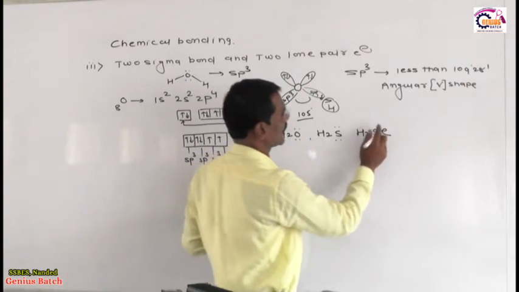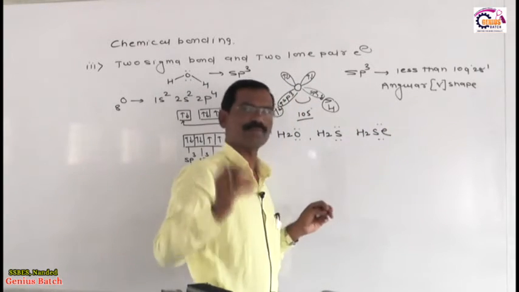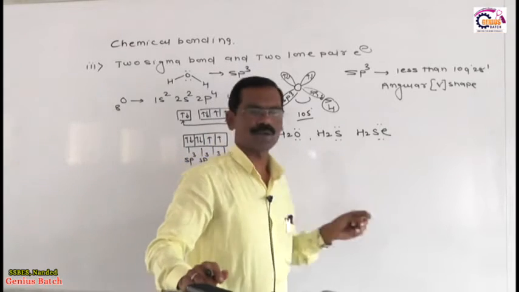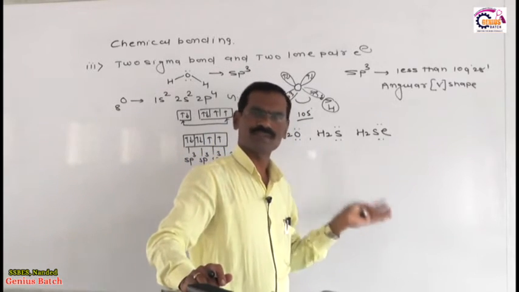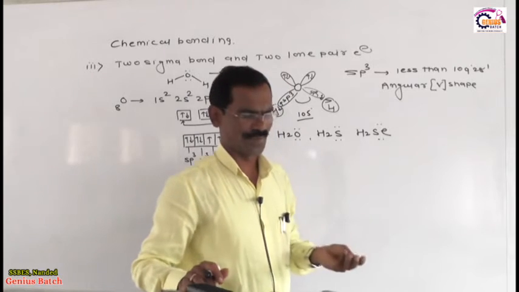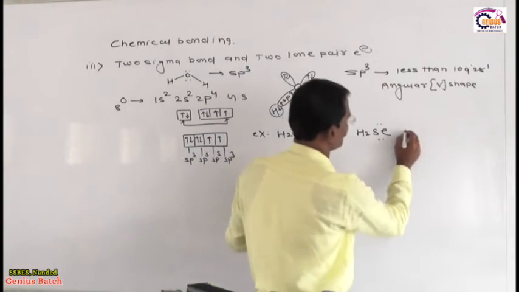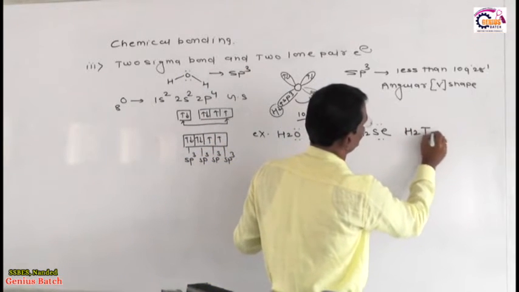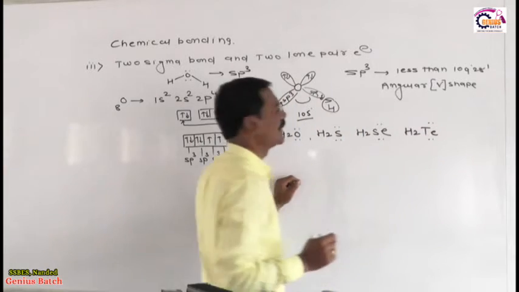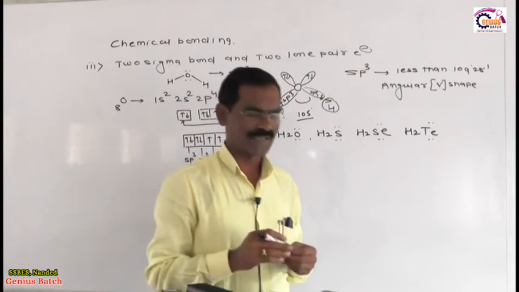Oxygen, sulfur, selenium are elements from the same family. If elements are from the same group, no doubt they form the same number of chemical bonds with the same number of lone pairs. After H2Se, the next example is H2Te, which also contains 2 lone pairs and 2 sigma bonds.